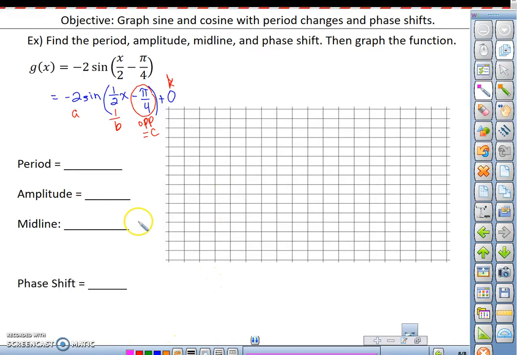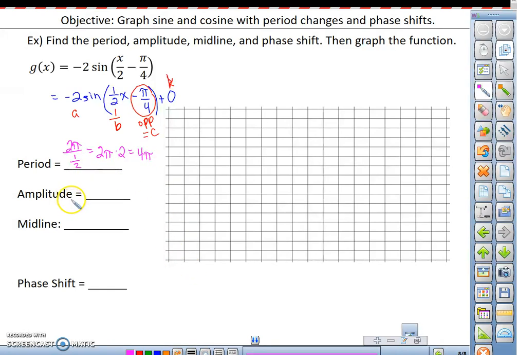So when we calculate the period for a sine function, we take 2 pi radians, which is the period of the parent function, and divide it by the 1 over b parameter, its positive value, which it already is positive. So we're dividing by 1/2. That would be 2 pi times the reciprocal of 1/2, which is 2. And that gives us a period of 4 pi radians.